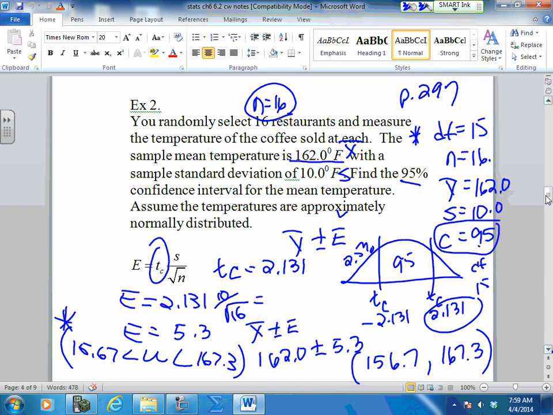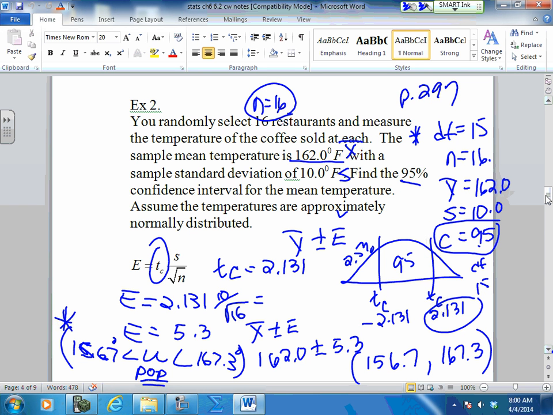I want to be 95% confident that my population mean for my temperature of coffee will fall between 156.7 degrees and 167.3 degrees. That's where I'm hoping my population falls. I want to be 95% confident that my population will.